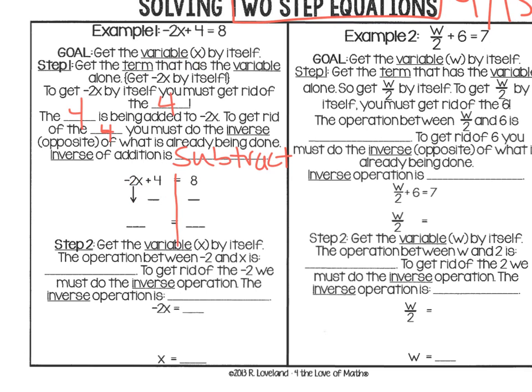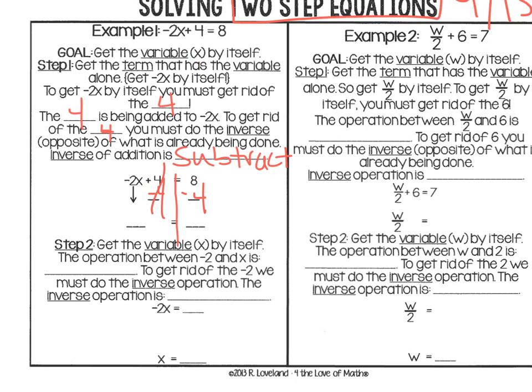So in order to do that, we're going to need to zero out this plus 4. And so for us to zero out, we're going to do the inverse, which would be to subtract 4. And when we do that, plus 4 minus 4, that cancels out. And whatever I do to one side of my equation, or my equal sign, I've got to do to the other. So over here below the 8, I'm also going to write minus 4.